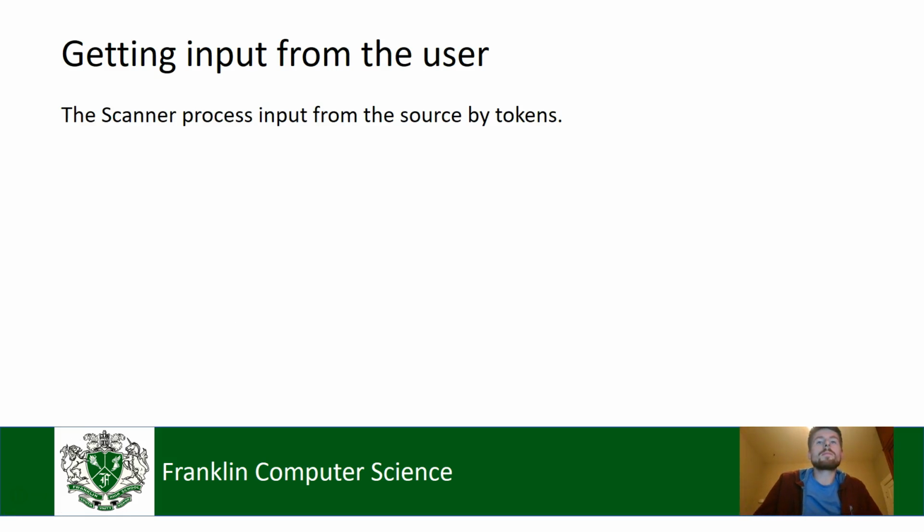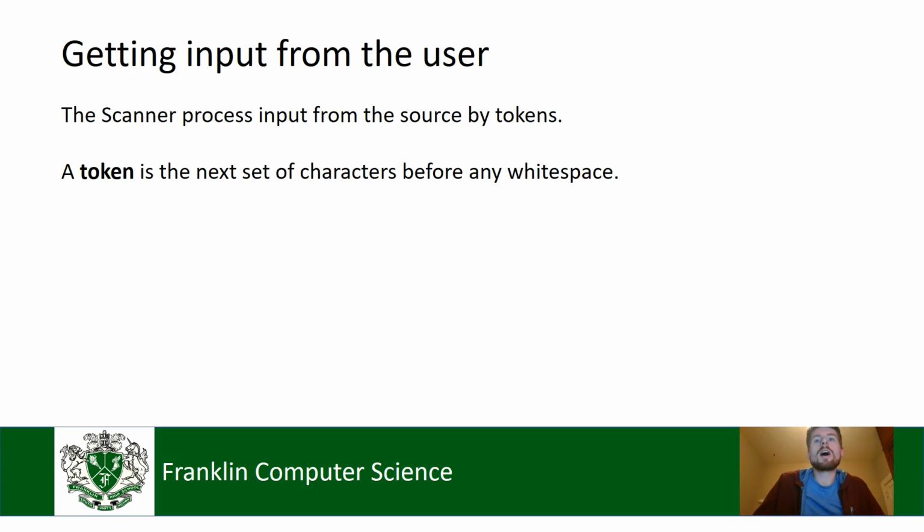Okay, when you get input from the user, how does the Scanner actually process things? Well, it's going to process these things by what are called tokens. As you type into the keyboard or wherever the Scanner is getting information from, it's going to look for white space.